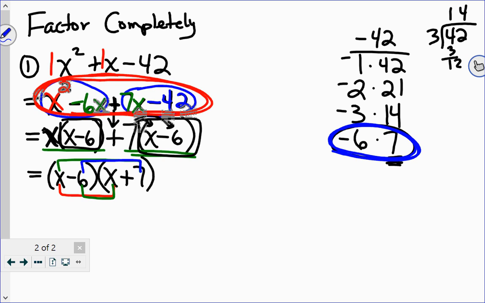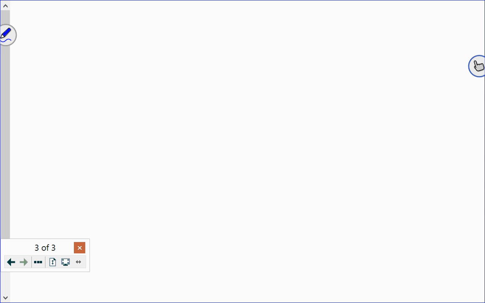All right, so we're going to do one more like that, and then we'll move on to where a is not 1. So we have r to the 4th plus 11r cubed plus 30r squared. Doesn't have to be x, it can be anything. So we're going to go through the process with this problem. So the very first thing I need to do is look for a greatest common factor. So this one definitely has a greatest common factor, and that's r squared.